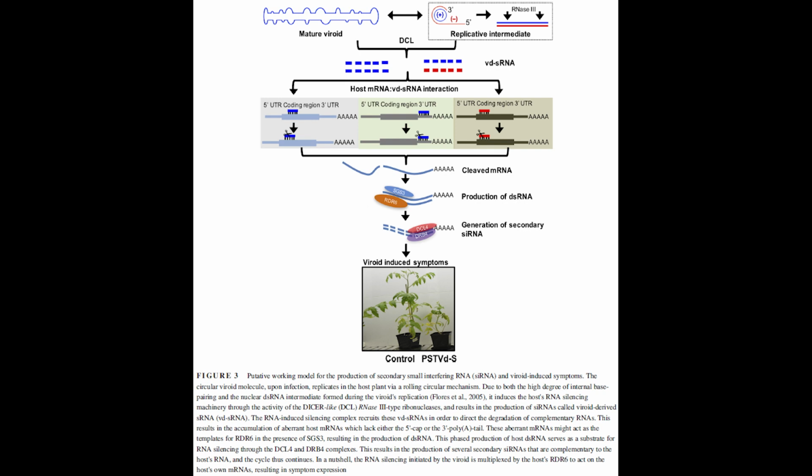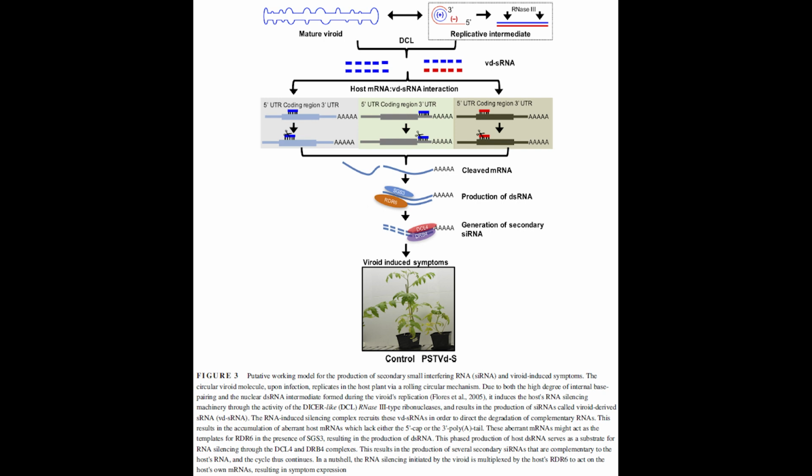Then there is the host messenger RNA and the viroid small RNA interaction. The VD stands for viroid, and I believe the S is small. So the viroid small RNA interaction.